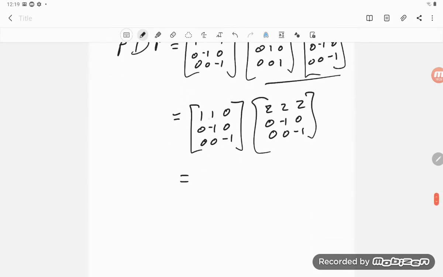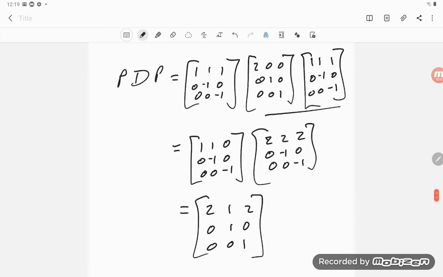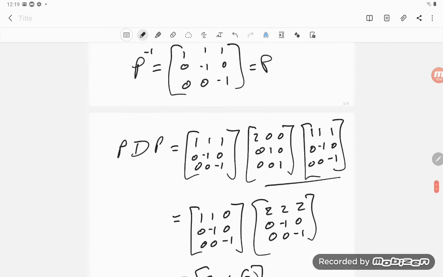And so now this multiplication, I get a 2, and then the 1, 1, 0 times the middle column, I get a 1. I get a 2. Is that right? And then the others, I would have a 0, 1, 0, 0, 0, 1. So I feel like I have a miscalculation here, because I believe that should be a 1, shouldn't it?